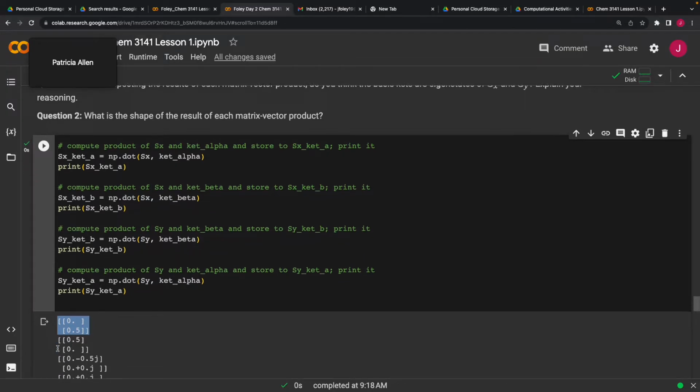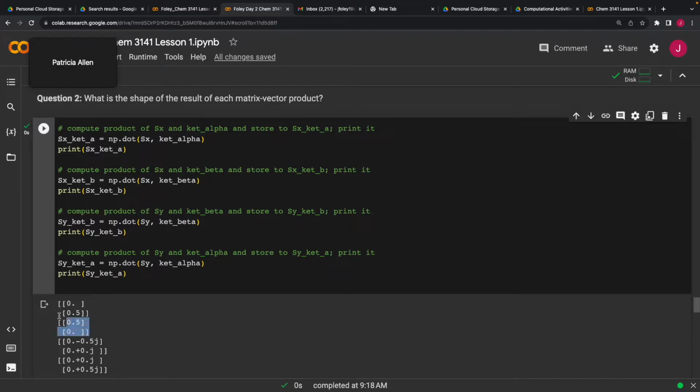And we see that actually happens with all of them. So this one was the result of Sx on chi beta. Basically the conjugate process happened. This is what Sx on 1, 0 did: it gave us h bar over 2, 0, 1, which looks like this.